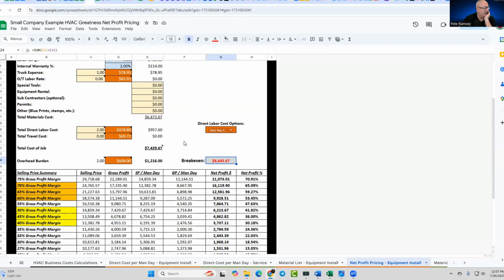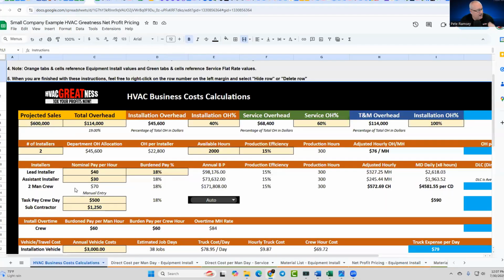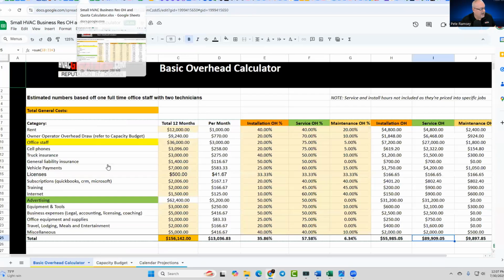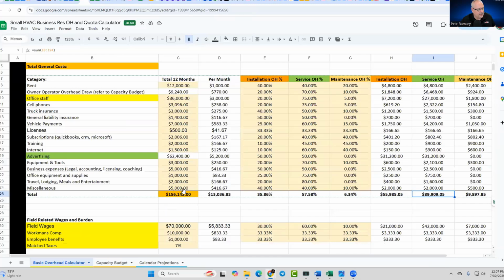And so we have a different break even, right? And so all of that depends on their information. So this is a really small company, $600,000, $114,000 worth of overhead. That's about 19%. So really light overhead. And they have allotted all of their overhead, $114,000, which, by the way, we calculate over here. Okay.